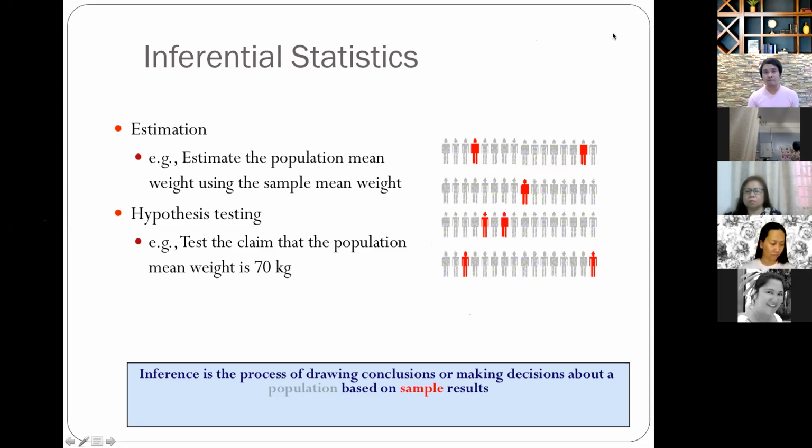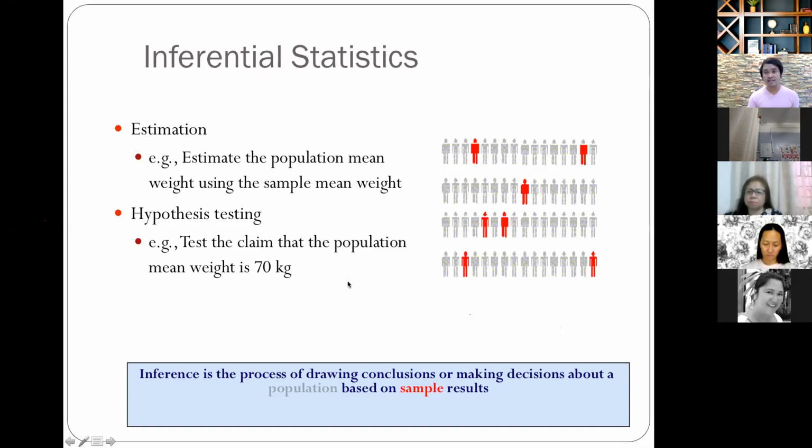And that is part of inferential statistics. So again, when you hear the words estimation and hypothesis testing, that would mean to say that you are already making inferences. Inference is the process of drawing conclusions or making decisions about a population based on sample results.